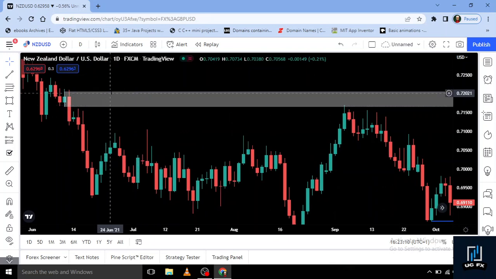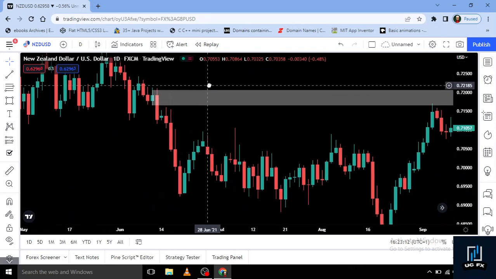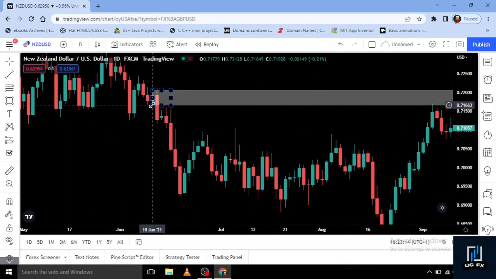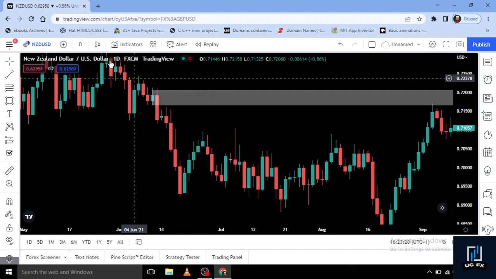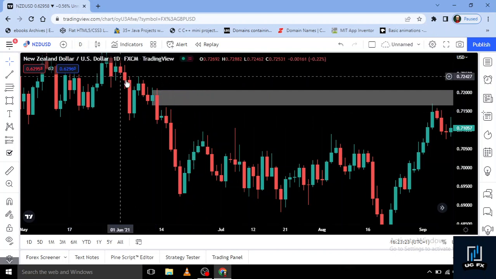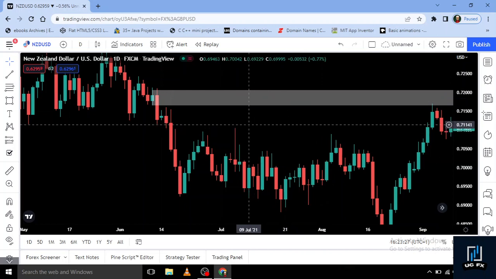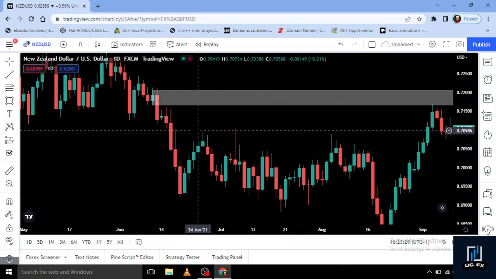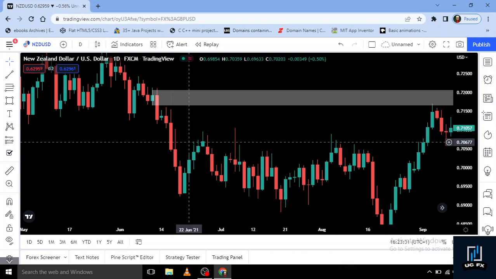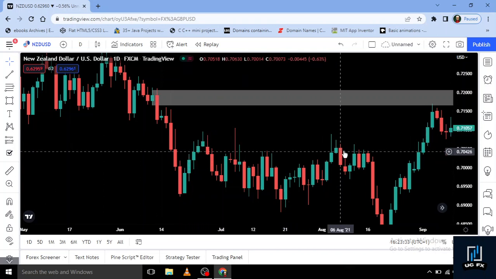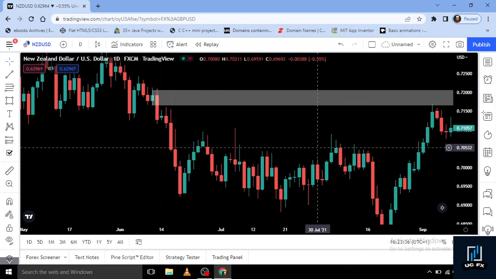You mark it from the low to the high of the candle. So all this area is what we call an order block, and this is a daily order block. Order blocks on higher time frames tend to work a lot more than order blocks on lower time frames. The higher time frame controls the lower time frame.